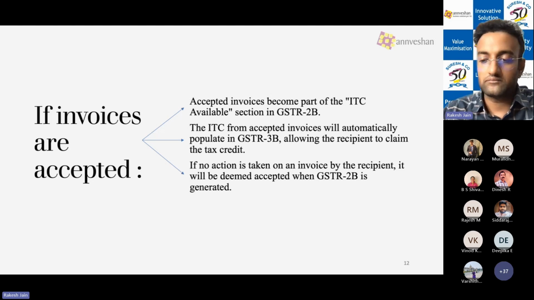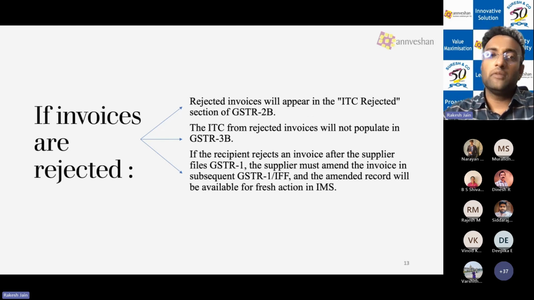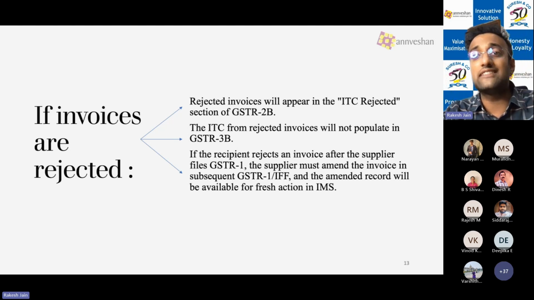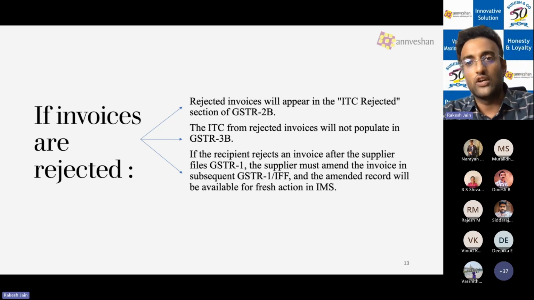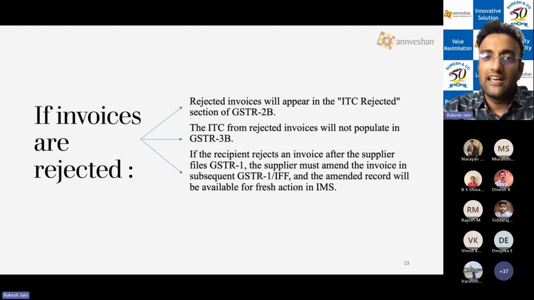Then, if you reject a particular invoice, it will go and sit under a tab called ITC rejected in section 2B. So whatever you have rejected, these invoices will sit in your GSTR 2B section as ITC rejected, and these will not auto-populate in your GSTR 3B.